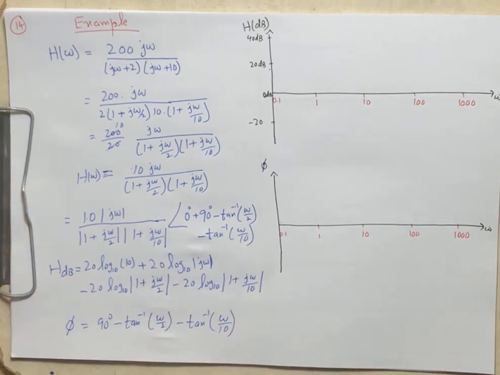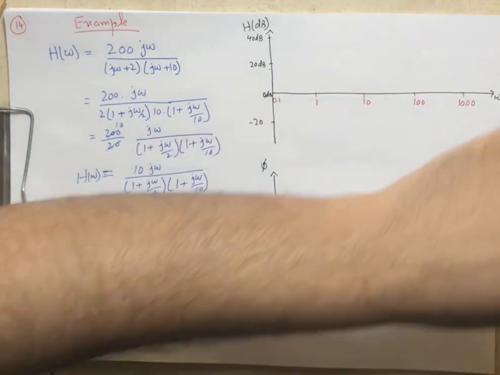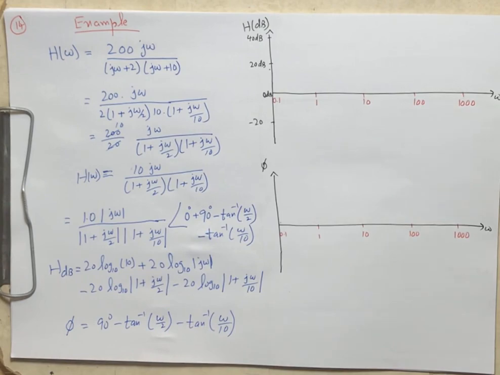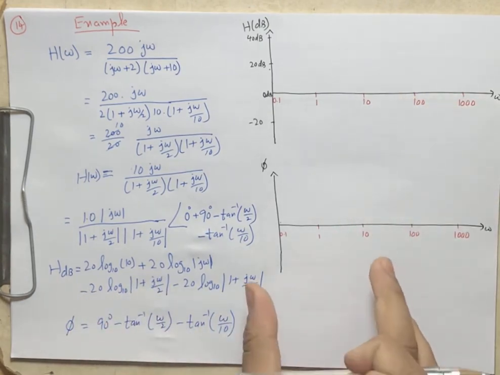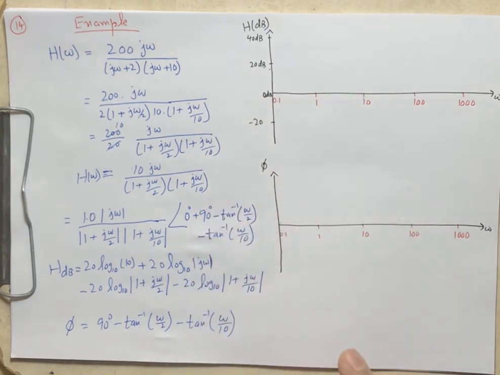Now how am I going to plot this whole thing? Here I'm going to plot the individual terms first and then add them in every decade.